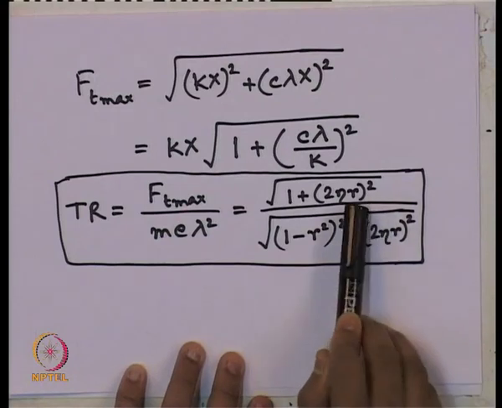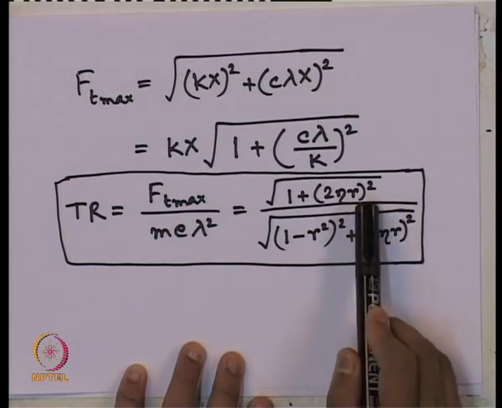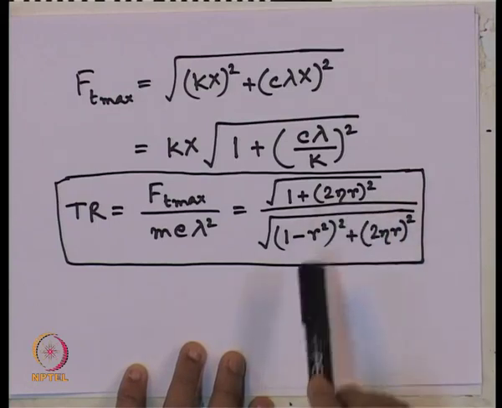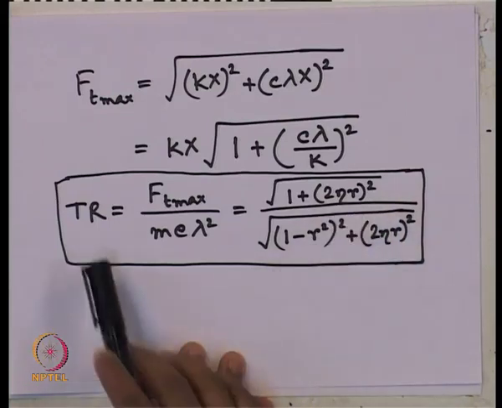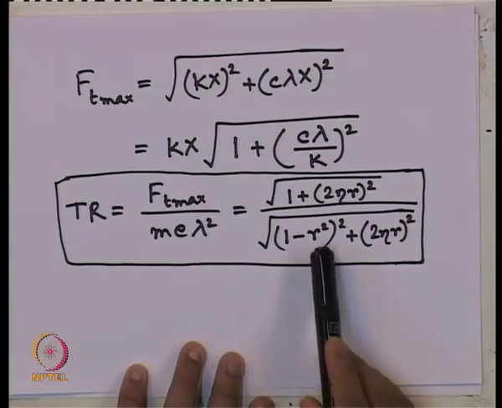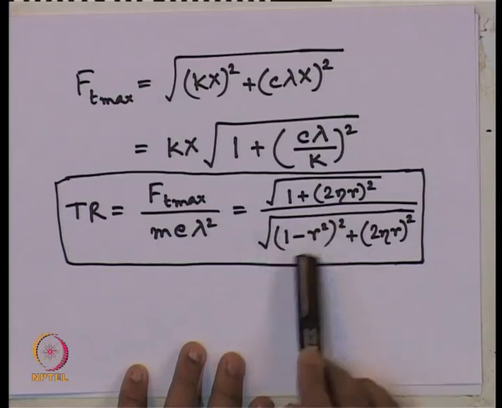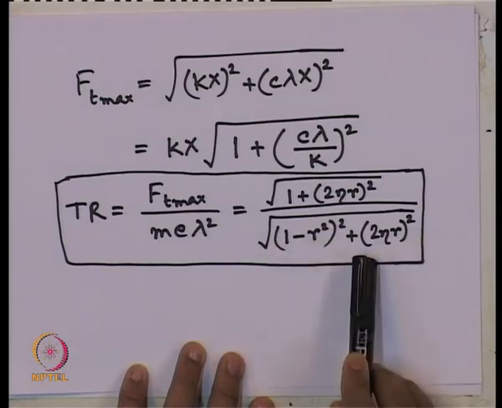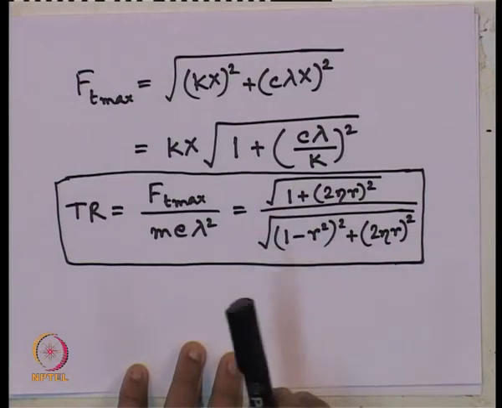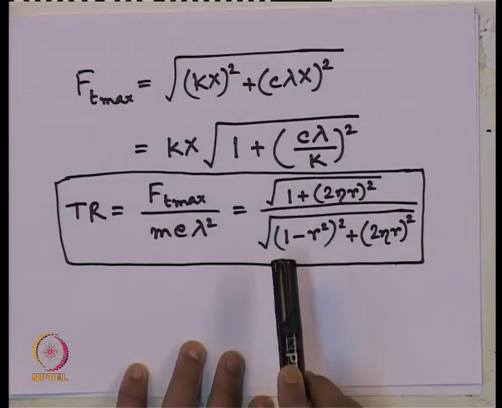When R value is 0, frequency ratio is 0, whatever be the value of our damping ratio, how much is the value of the transmissibility ratio? This is 0. So, this comes 1, this also 0 vanishes, this 0 vanishes. So, transmissibility ratio is 1 at frequency ratio 0.